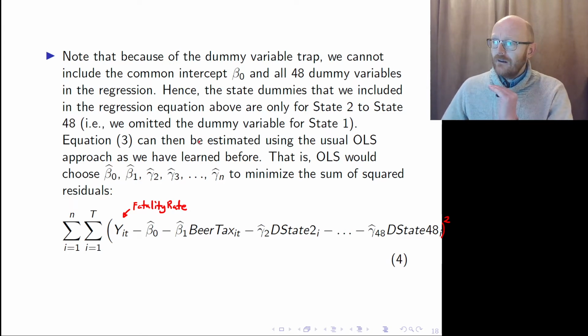And when you choose which dummy to exclude, it really doesn't matter. You can exclude any dummy variable, and that would be the base case, and the other coefficients on the dummy variables would just tell you the difference between the base case and the corresponding dummy variable.